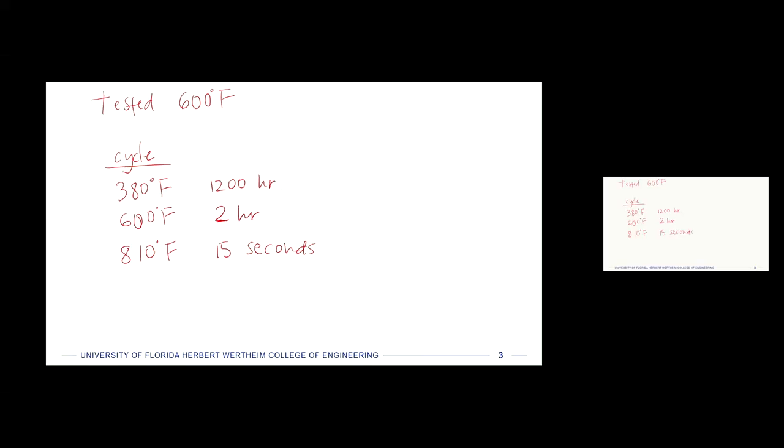Okay. It says, how many cycles would you predict could be survived by the bracket if the design criterion is that the bracket must not elongate more than 0.1 inches? So elongation is less than or equal to 0.10 inches.